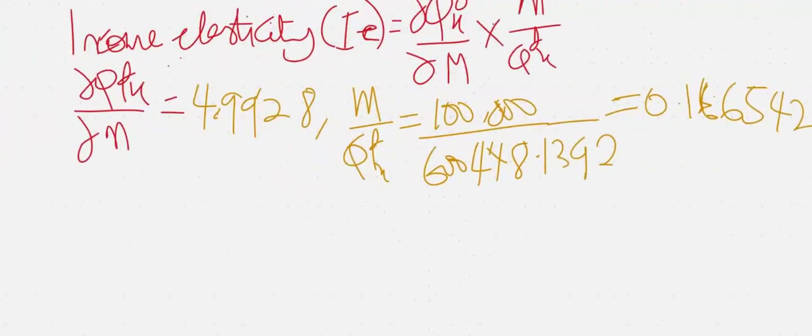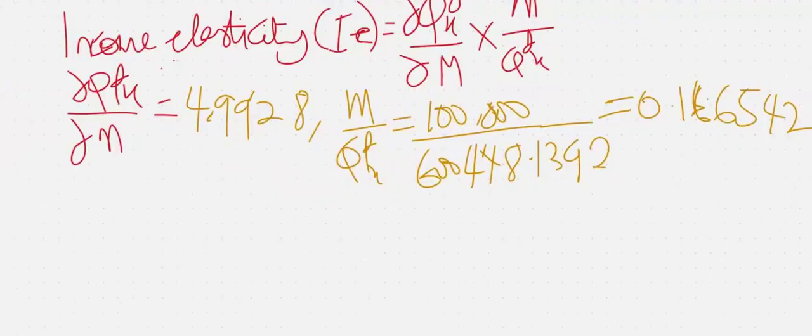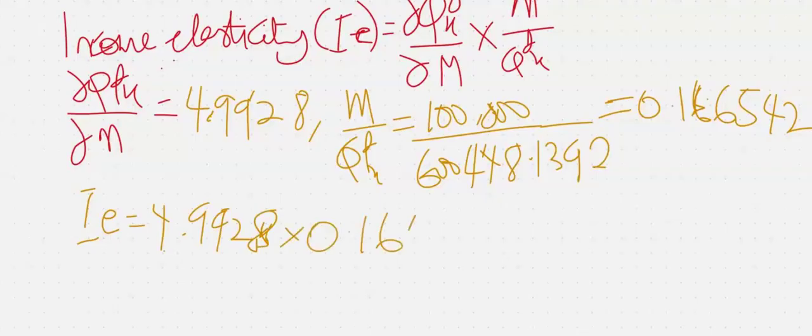So we come back down here and plug them in. Now the income elasticity, IE, equals 4.9928 multiplied by 0.166542, which gives us 0.8315.